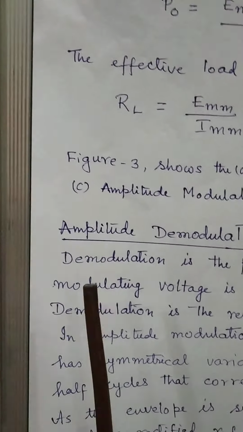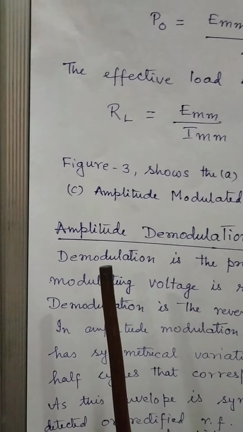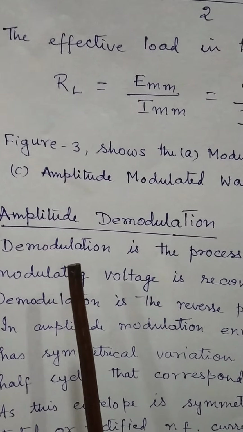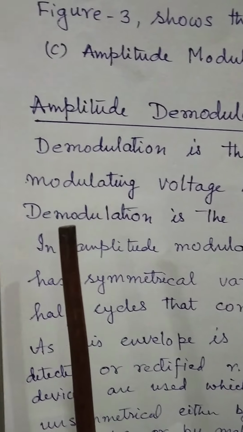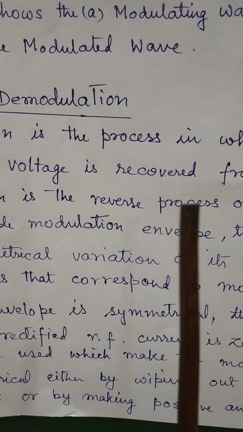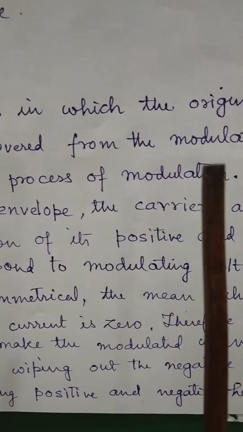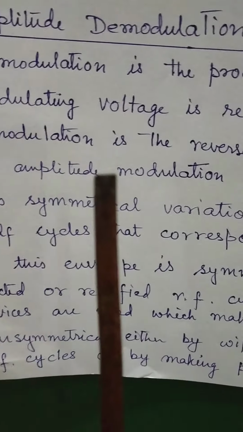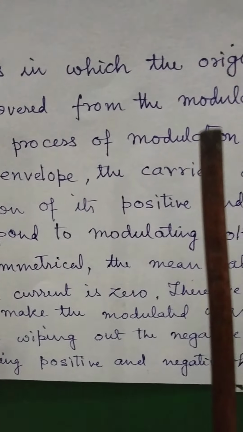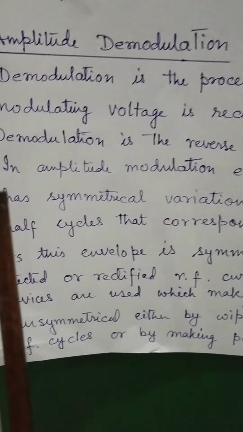Now let us discuss amplitude demodulation. Demodulation is the process in which the original modulating voltage is recovered from the modulated wave. Demodulation is the reverse process of modulation.